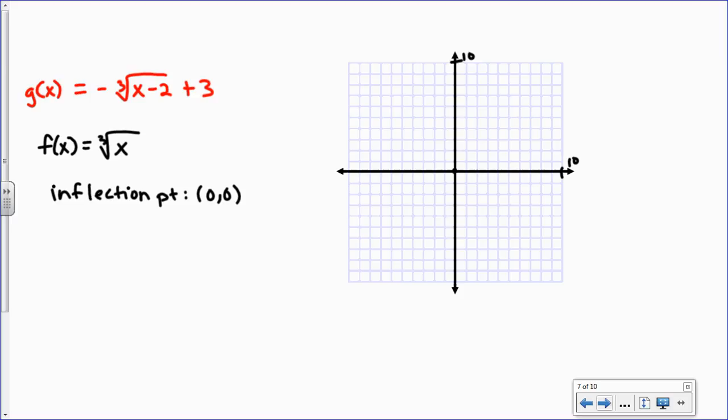So if I just plot those points, I would have 8, 2, and -8, -2, 1, 1, -1, -1. Okay, so here's the parent function.